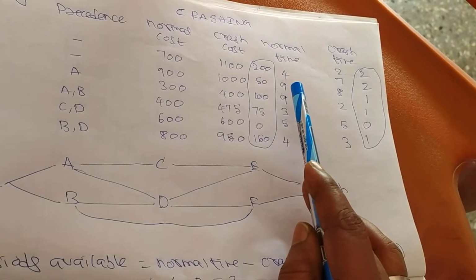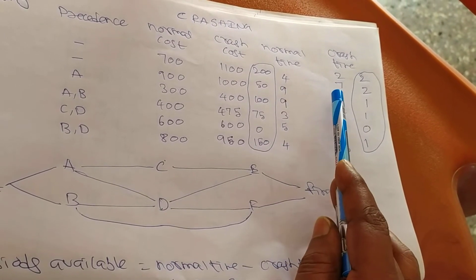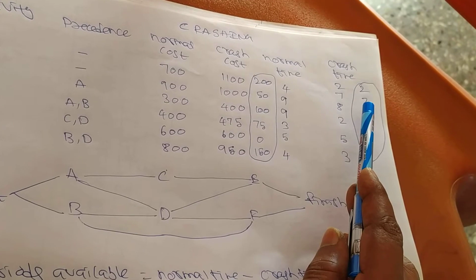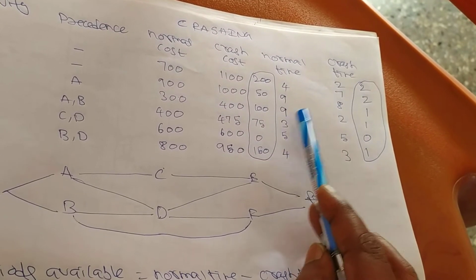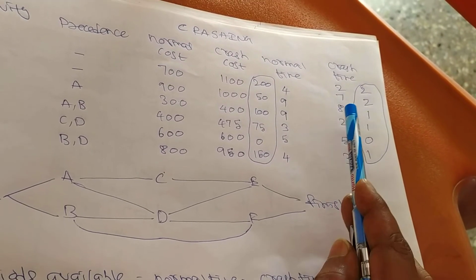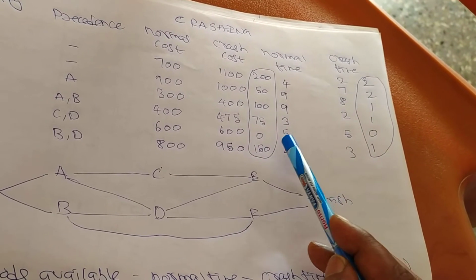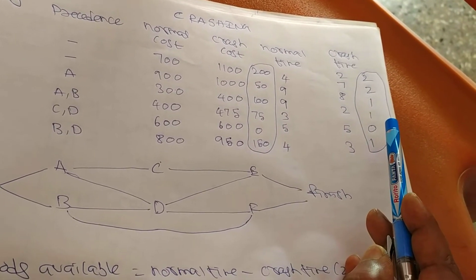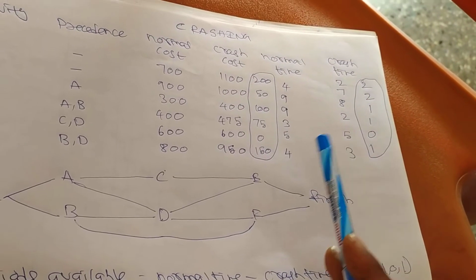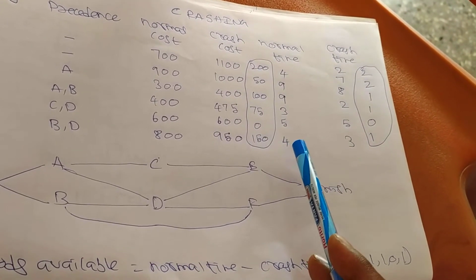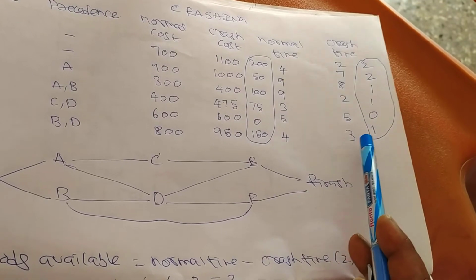Then for B, 9 minus 7 equal to 2. For C, 9 minus 8 equal to 1. For D, 3 minus 2 equal to 1. For E, 5 minus 5 equal to 0. Then for F, 4 minus 3 equal to 1.